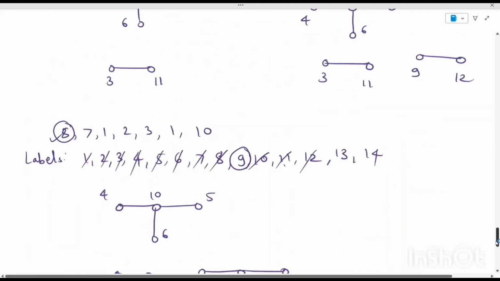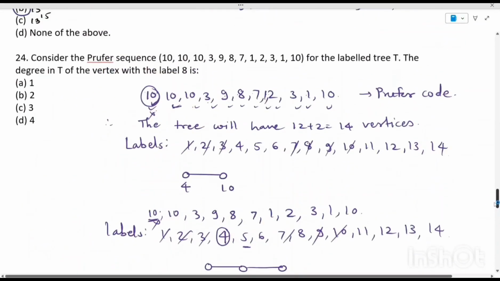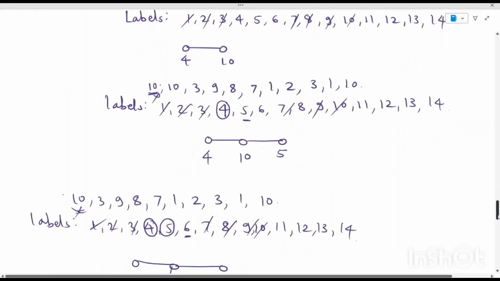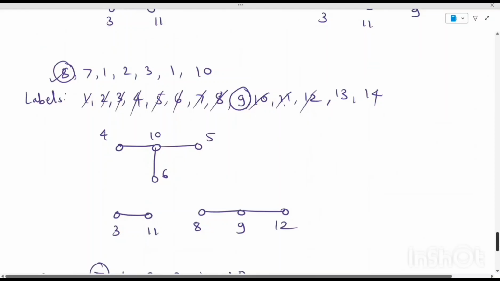We want to find the degree of the vertex with label 8. So there are possibilities 1, 2, 3, 4. So we already have degree 2, so one option is an incorrect option. Now let us solve further.